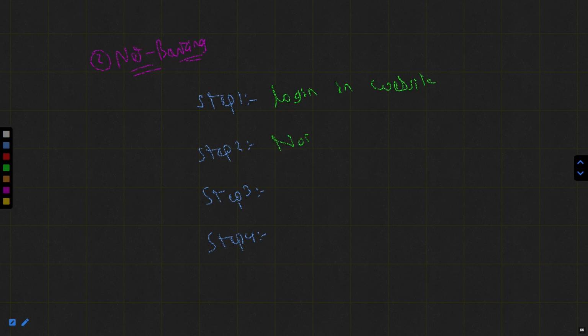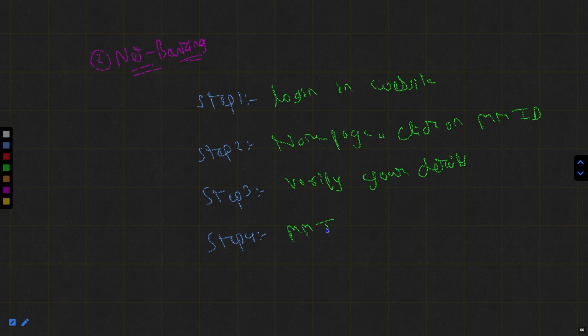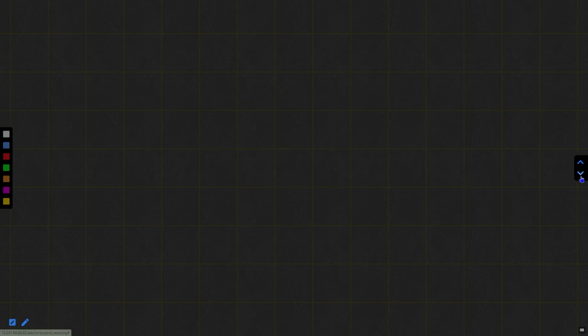Step 2 is the home page, click on MMID. Third is verify your details. And fourth is MMID will be generated. Okay, these are the 4 steps.